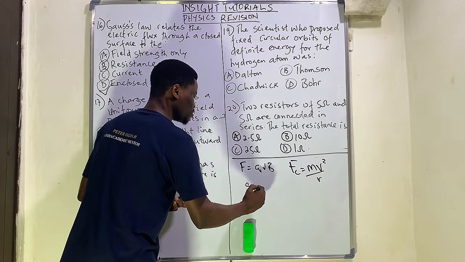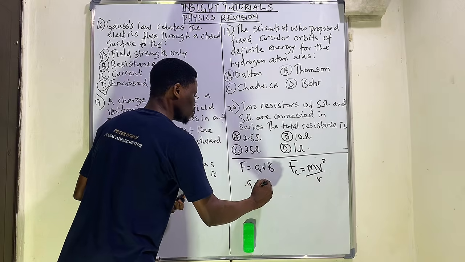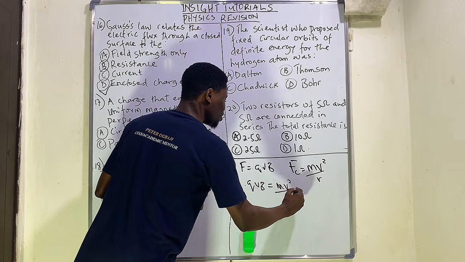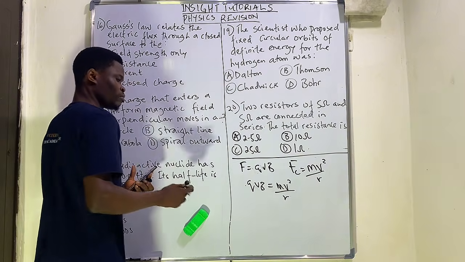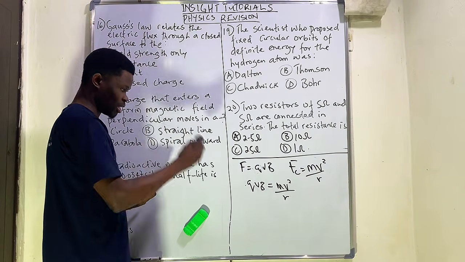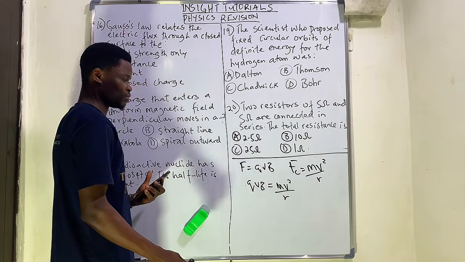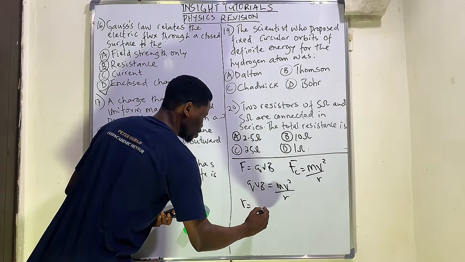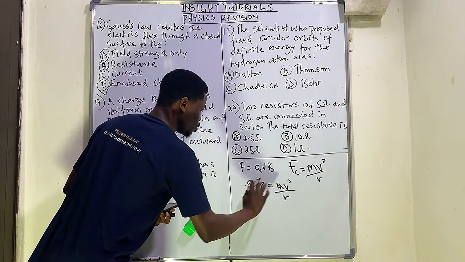Now, this is a force that is equal to this, and a force that is equal to this. So we can relate this force on a charge with the force that acts towards velocity. All right. Now, if that's how we're going to relate it, we're going to make the radius R the subject of the formula. Doing that, I'm going to cross multiply.